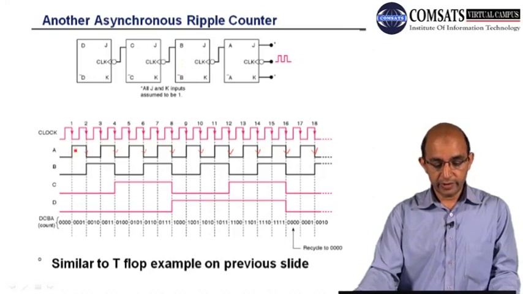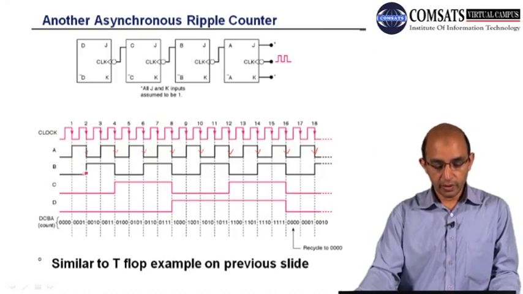This is the output for this flip-flop, named A. Now you can see that this output is the clock for the next flip-flop. So I have declared that this is my clock now.